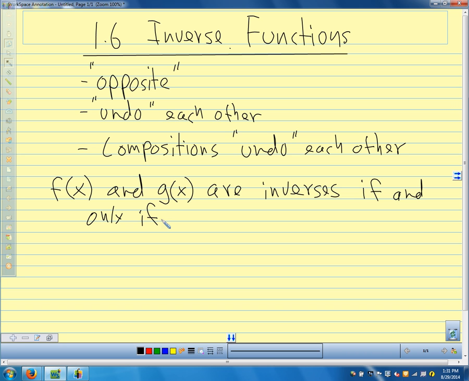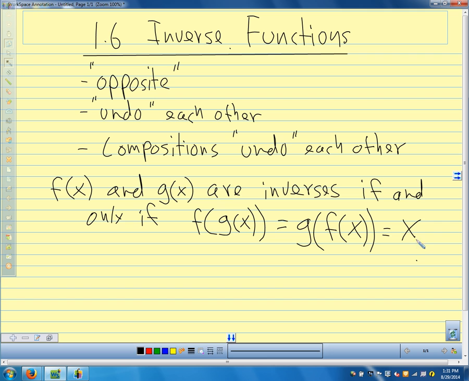We can say if A then B and if B then A. So both the conditions are true. It works either way we say it. If and only if f of g of x equals g of f of x, and they have to undo whatever they do to x. So when we make the composition, all we're left with is x.